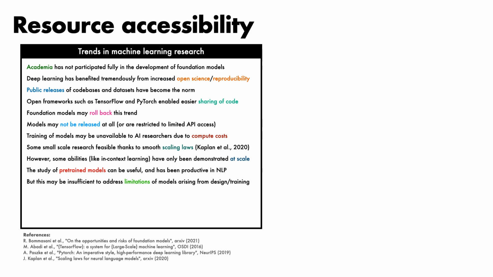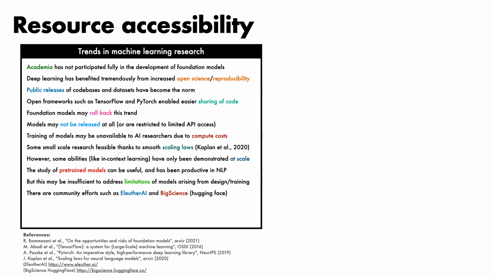However, it's possible that this may be insufficient to address limitations of models that can only be fixed with better design or training procedures. There are several interesting community efforts such as Eleuther AI and the Big Science project led by Hugging Face that aim to train foundation models in the open. Big Science in particular is currently training a 176 billion parameter language model on the French national Jean Zay cluster.